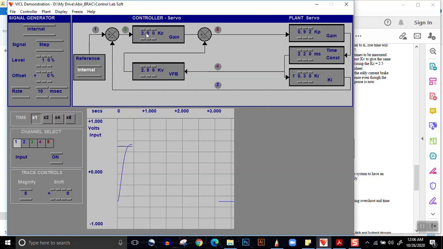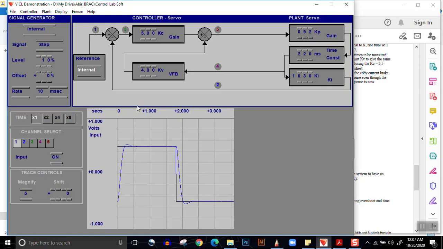Now we start again. Now we change the Kc to 5. You'll readily see that overshoot has increased since Kc has increased, and time response has also increased. That is, the system has become fast. Now we increase Kv. So what we want is we want to have the similar level of overshoot that we had seen in our earlier part.